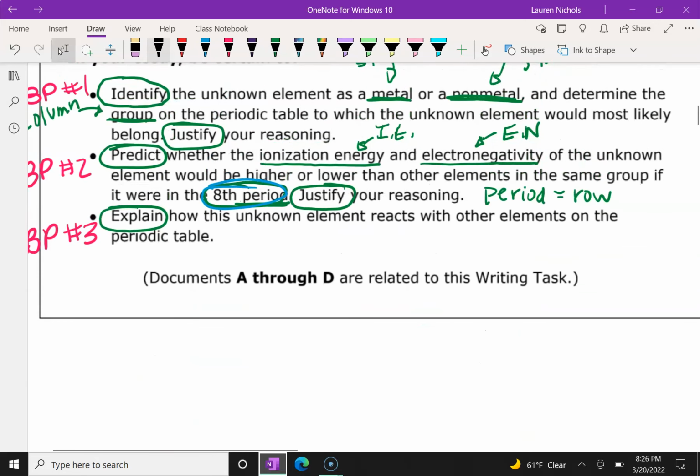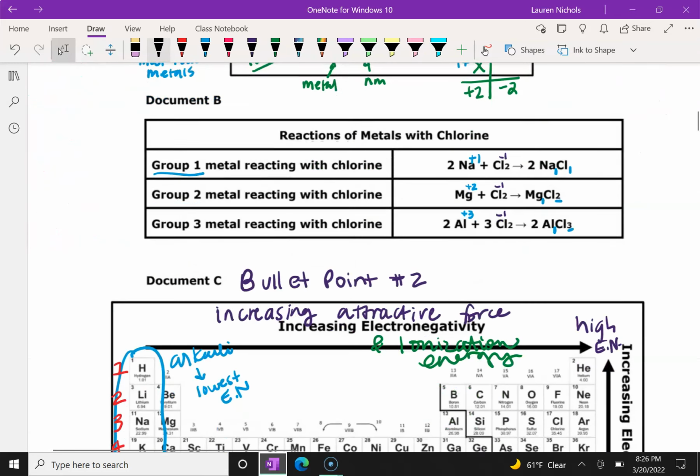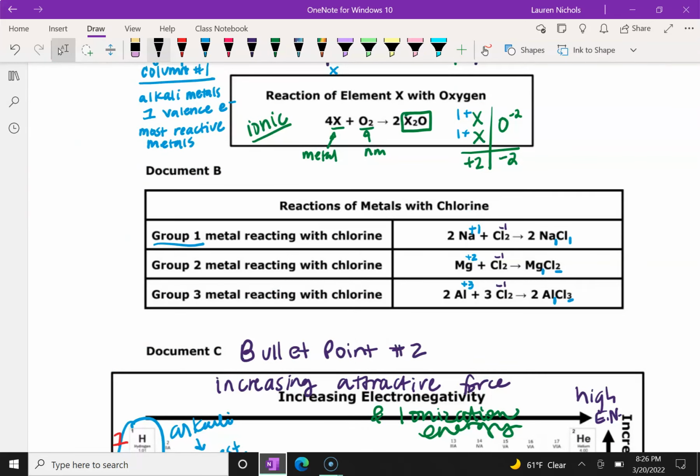And then the third one was explain how this element reacts with other elements on the periodic table. Since document B talks about the reactions of metals with chlorine, we could talk about how it would react similarly to sodium with chlorine. So you could pull this in to bullet point number 3.